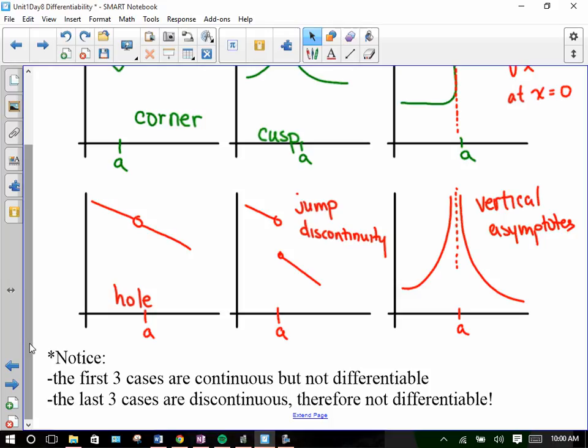So what you notice is that the first three I showed you are continuous but not differentiable, and the last three I showed you aren't continuous, therefore they're not differentiable. You can have continuous functions that aren't differentiable. If a function is not continuous, it's definitely not differentiable.